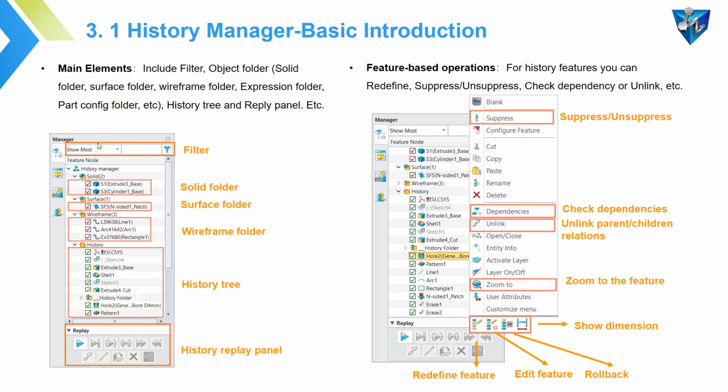You can choose the items you want to display or hide, or you can just search the items by keywords. And for object folder in ZW3D, there are solid folder, surface folder, and the wireframe folder. Also, if you have expressions or part configs, you can check them in the corresponding folders.